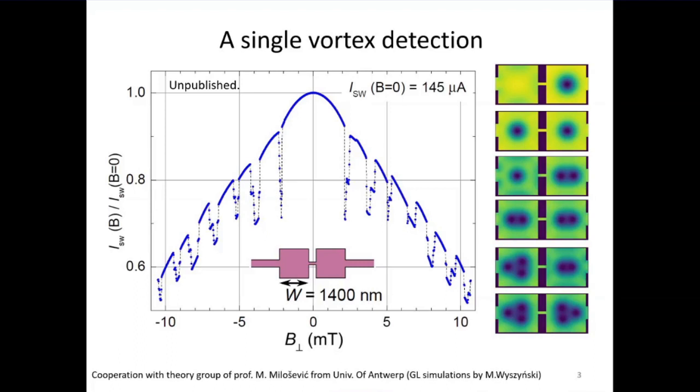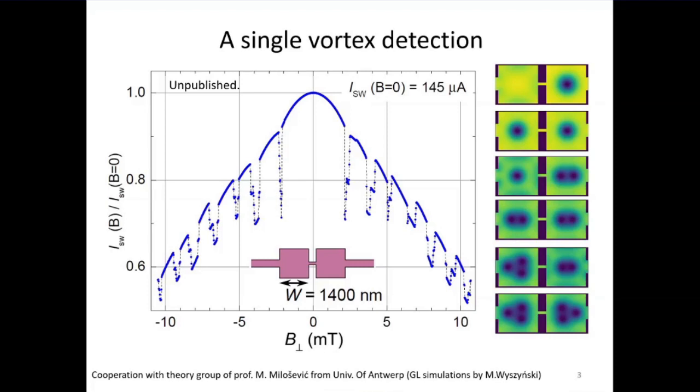Close to field equals 0, we have the Meissner behavior, meaning that supercurrents try whatever they can in such a structure to repel the magnetic field outside of the box, but at some magnetic field it becomes energetically favorable to accept first one vortex, then two vortices, one in one box, two in the other box. So these are results of Ginzburg-Landau simulations.